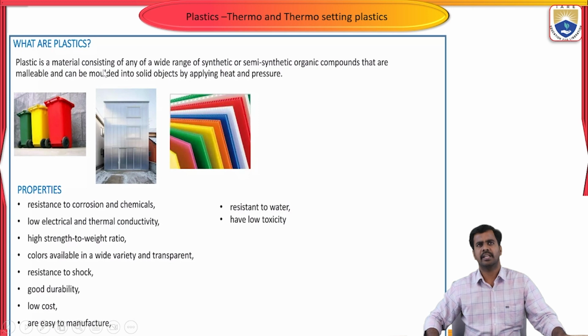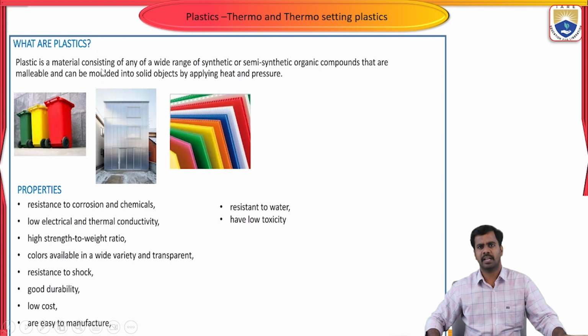It is a material consisting of a wide range of synthetic or semi-synthetic organic compounds that are malleable and can be molded into solid objects by applying heat and pressure. That is the definition of plastics.